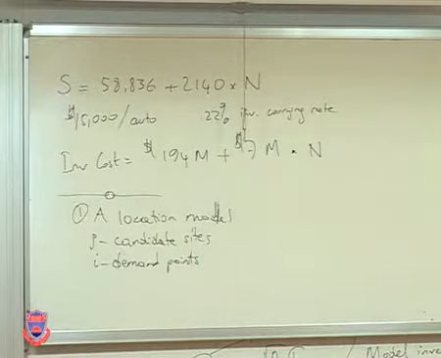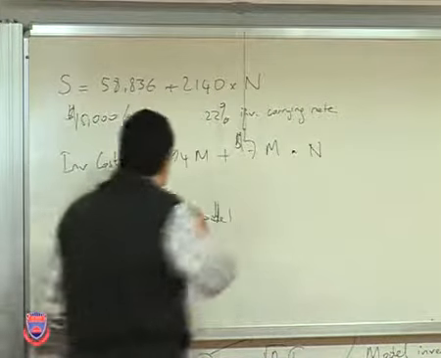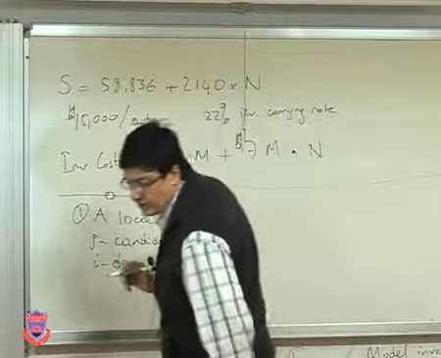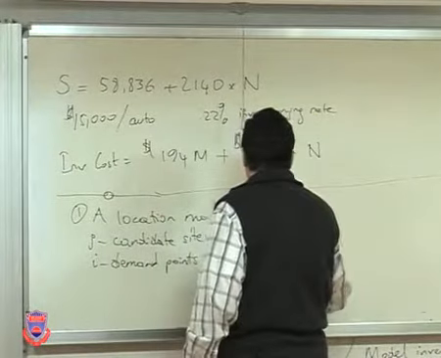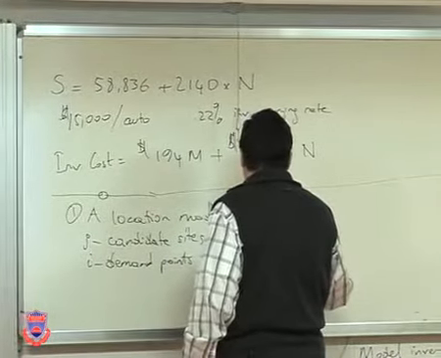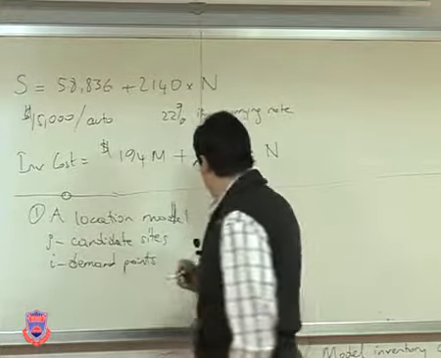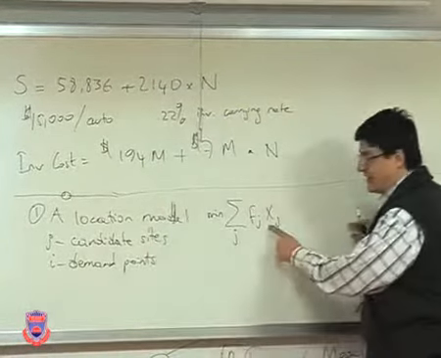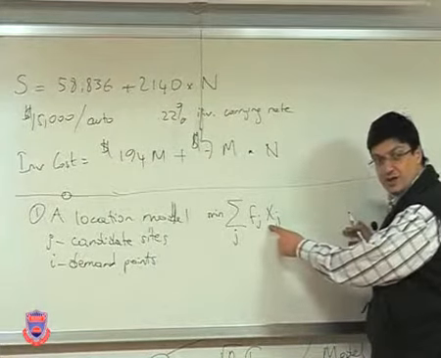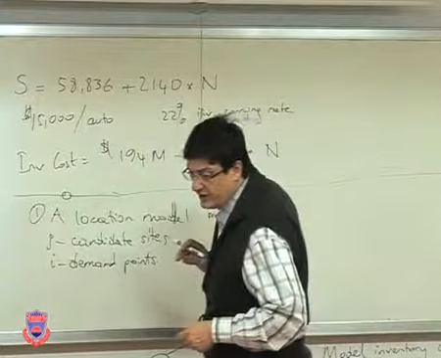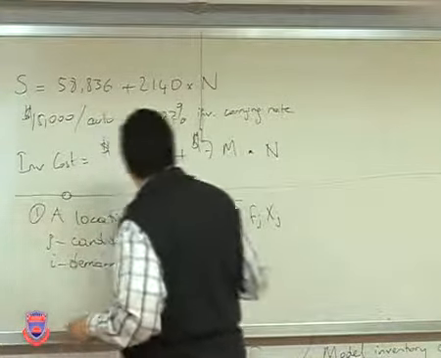Once I define that, we have the following model. We are going to minimize over all j's fj times xj, where xj, as you can guess, is going to be a binary variable which is going to take 1 if location j is selected.